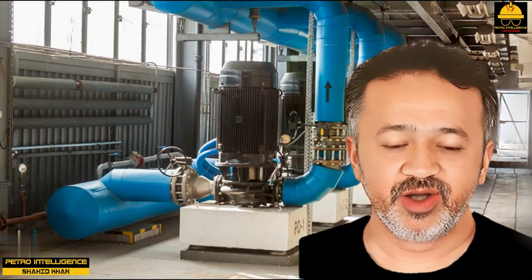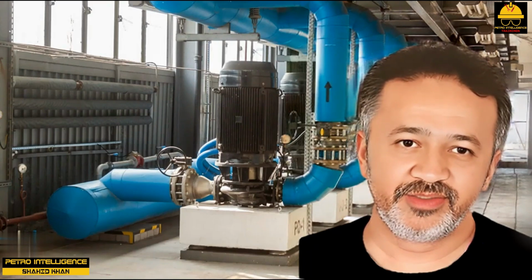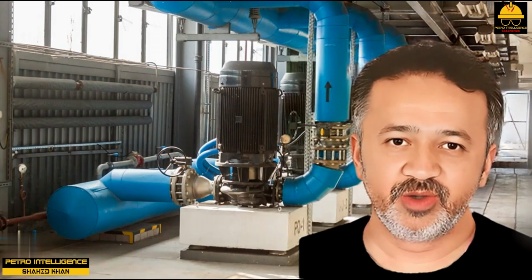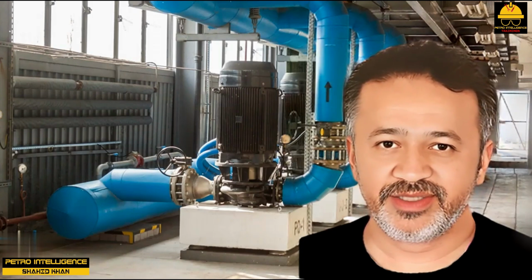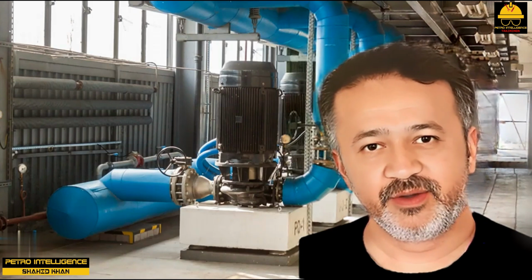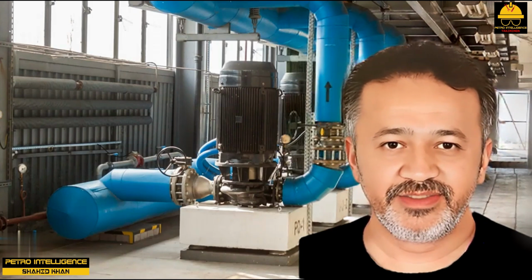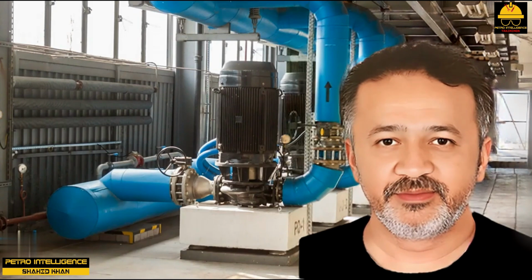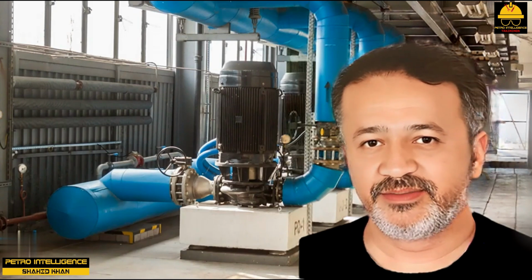The discharge pressure drops because the pump develops less feet of head at a higher flow rate. To summarize, the specific gravity of the liquid has increased by 10%. The feet of head of liquid has decreased by 10%. Since delta P is almost equal to specific gravity times feet of head, delta P remains constant.